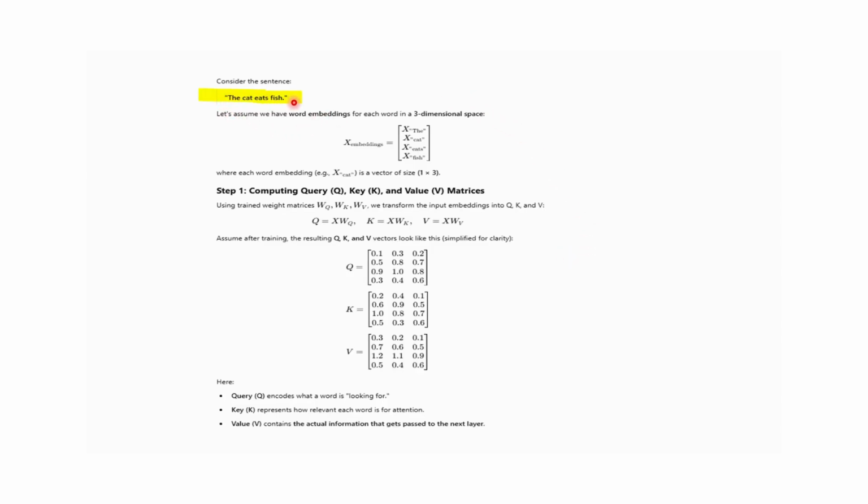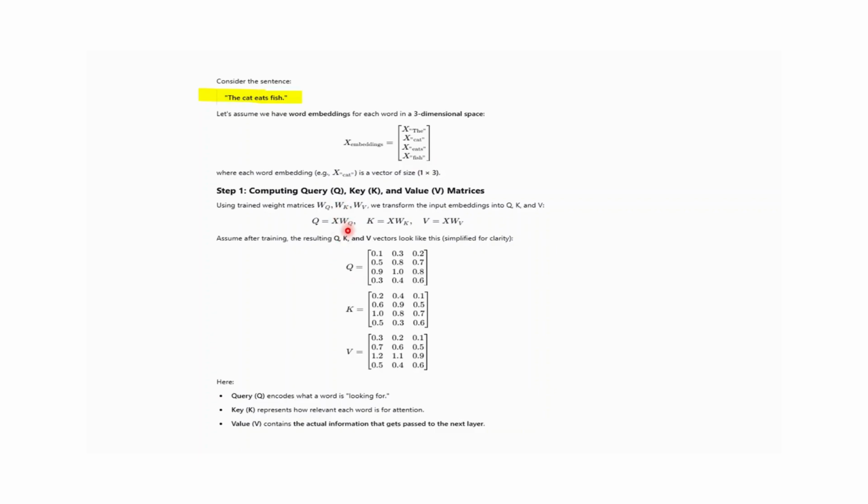The sentence is: the cat eats fish. We are going to see how these vectors are created for this sentence. The input embeddings will have the first row as the embedding of "the", the second row the embedding of "cat", then "eats", and in the fifth row "fish".